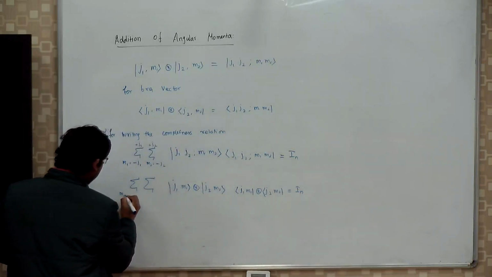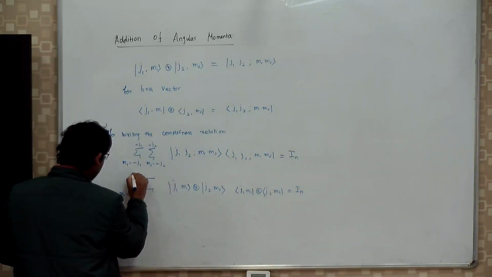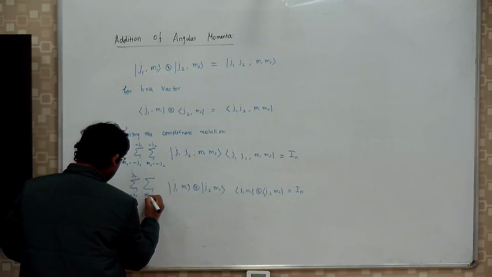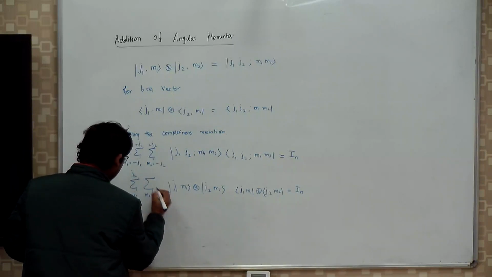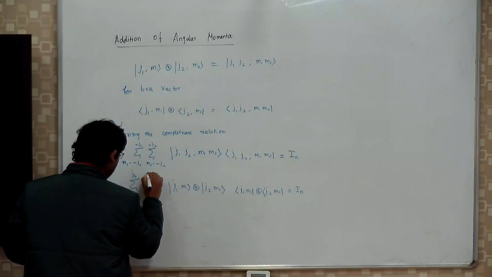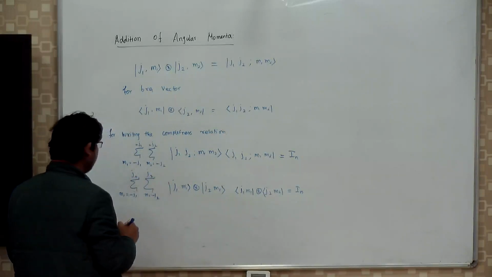Again the limits go from minus J1 to plus J1 and M2 from minus J2 to plus J2.